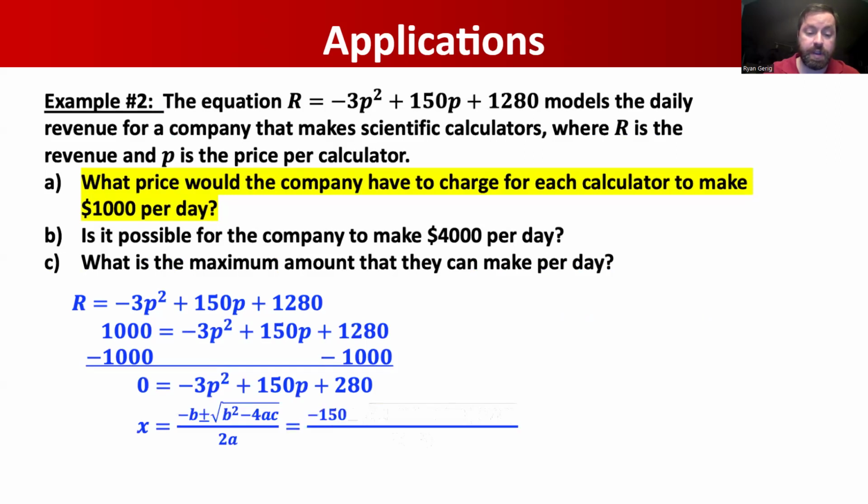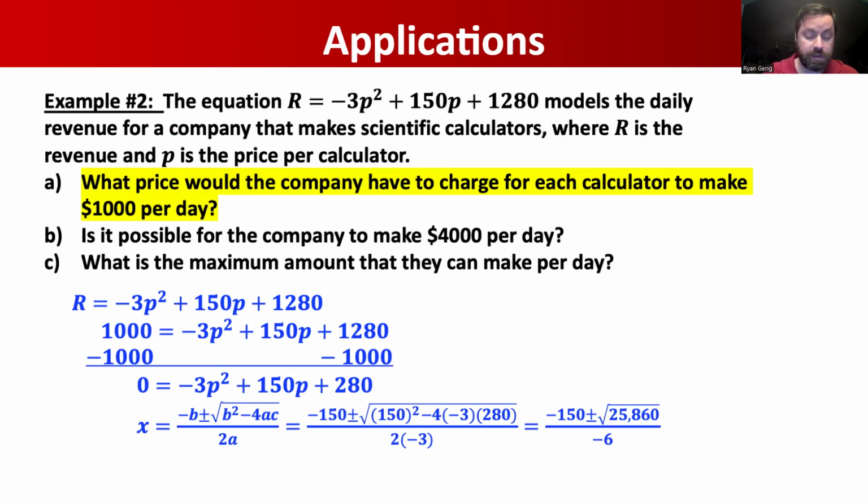So negative 150 plus or minus the square root of negative 150 squared minus 4 times negative 3 times negative 1,280 all over 2 times negative 3. So I get a pretty big number inside the radical. Take the square root of that, 25,860. I get 160.8. We'll go ahead and simplify this for you.